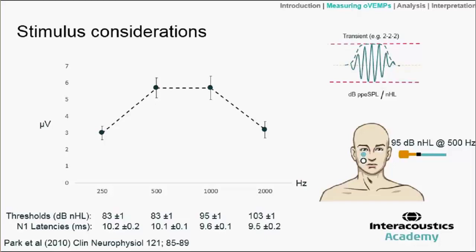And what of course we see here from this study cited is normative data for thresholds, latencies, and also amplitudes, but that does depend very much on the stimulus parameters shown here and the electrode montage and so on.